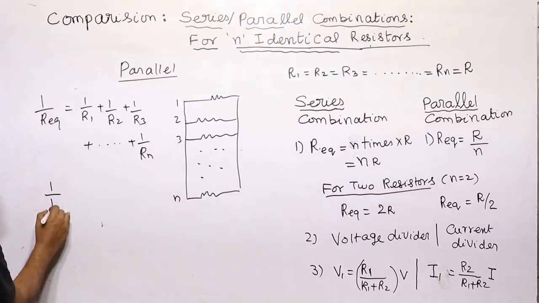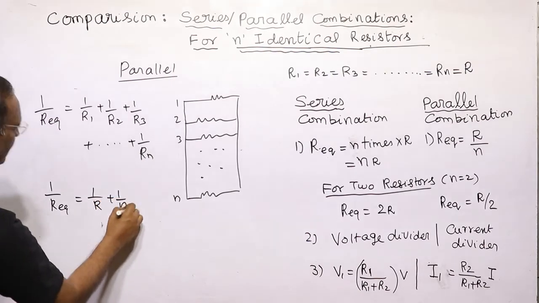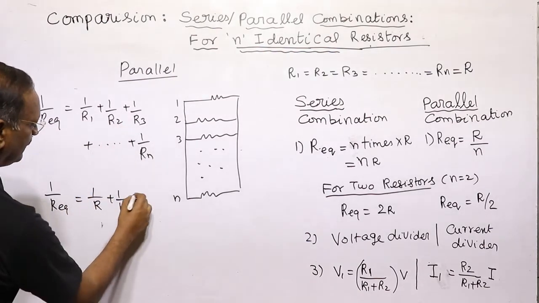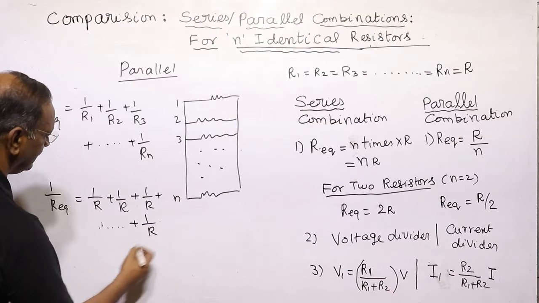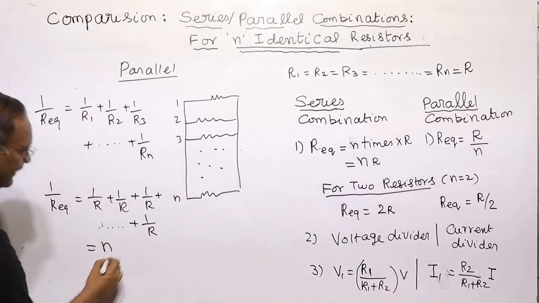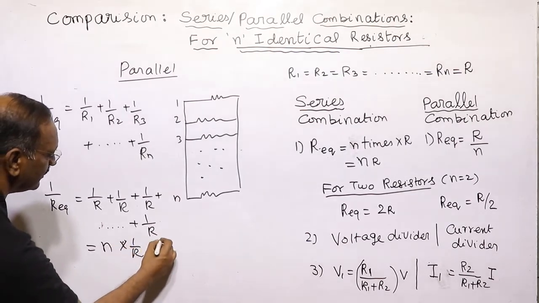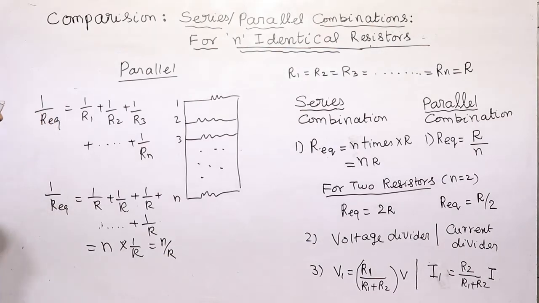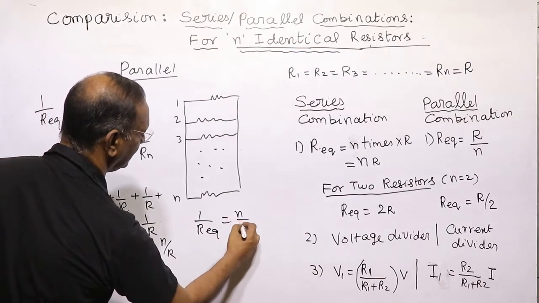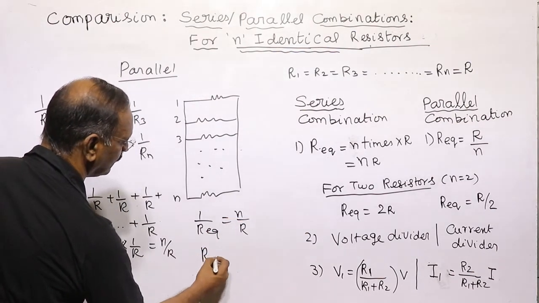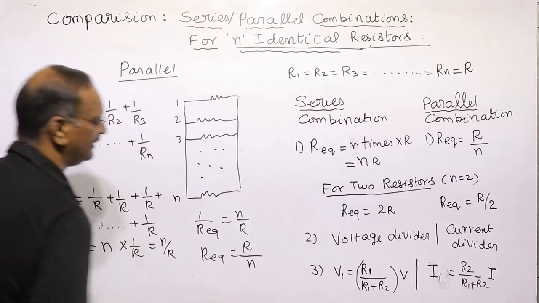Okay, therefore 1 by R equivalent is equal to 1 by R plus 1 by R, because R1, R2 all are equal to R, plus 1 by R plus 1 by R. This is n times 1 by R, which is equal to n by R. Therefore, 1 by R equivalent is equal to n by R. R equivalent is equal to one resistor divided by number of identical resistors.